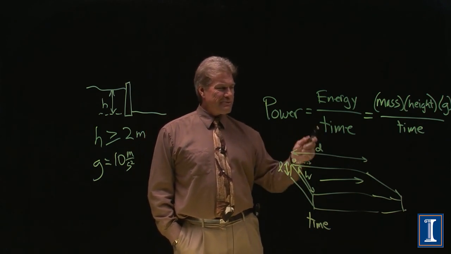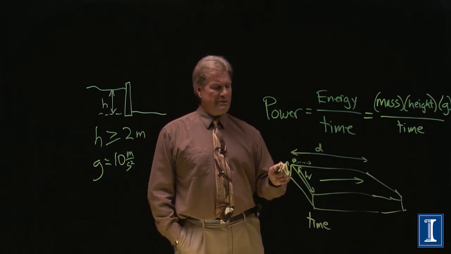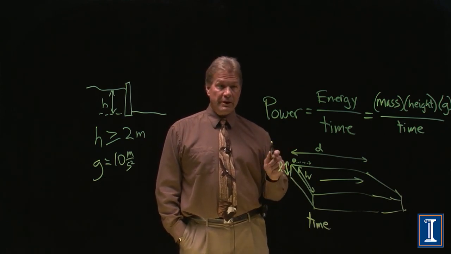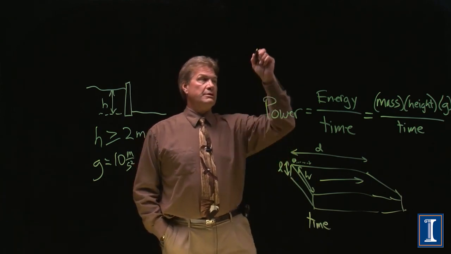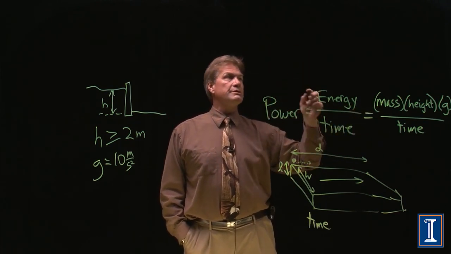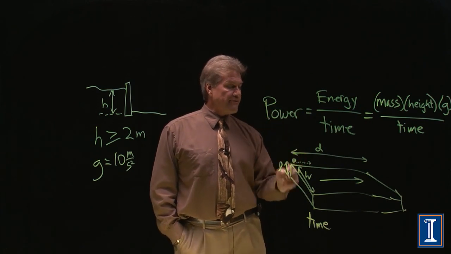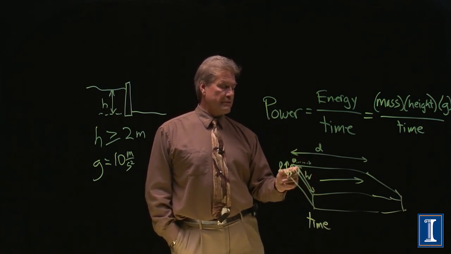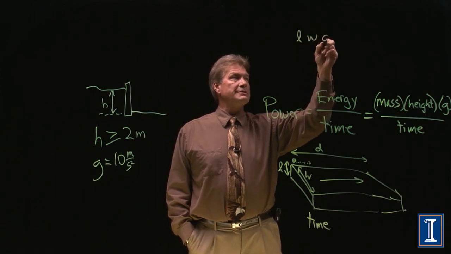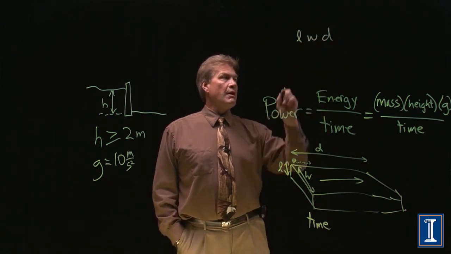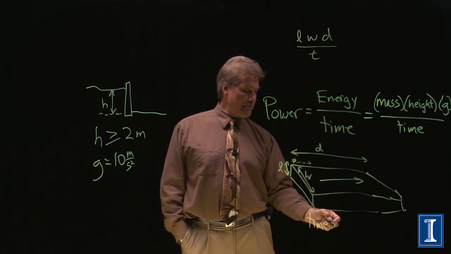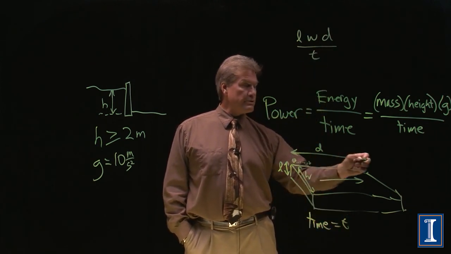You say mass per unit time, and you've told me things about the volume of the stream. Well, that's right, because to get mass per unit time, I could take the volume of water, which is going to be the L times the W times the D, over that T, the time it took my float to go here.